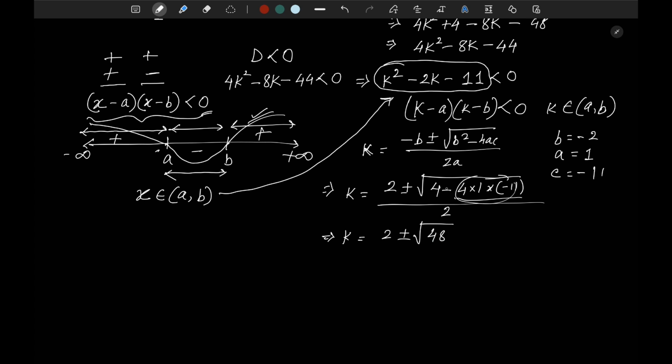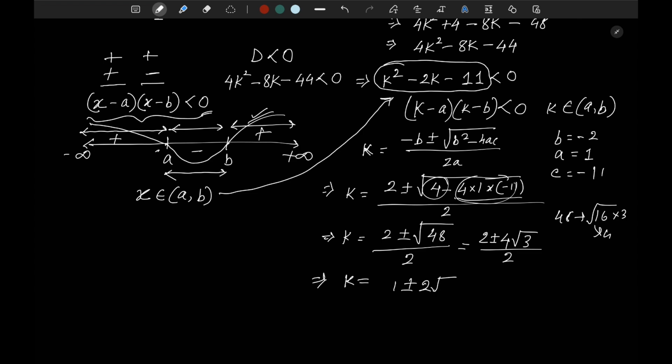Why? Because this is 44 and this is 4, so 48 by 2. Now 48 is nothing but 16 into 3, and root 16 will give you 4, so this will be 2 plus minus 4 root 3 by 2, or k will be 1 plus minus 2 root 3.